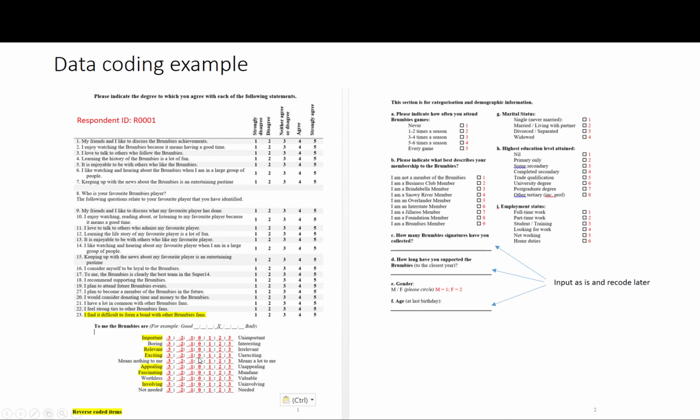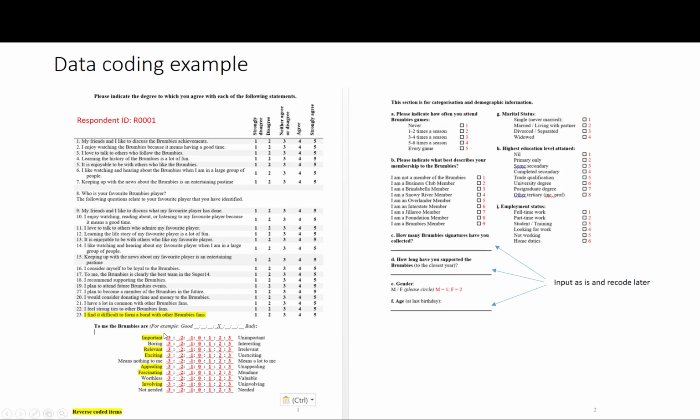So for other coding that needed to happen, my involvement scale down here, the important to needed questions, I coded at -3 to 3. That means that 0 becomes a possibility and it means neither, and in terms of analysis it has specific meanings.